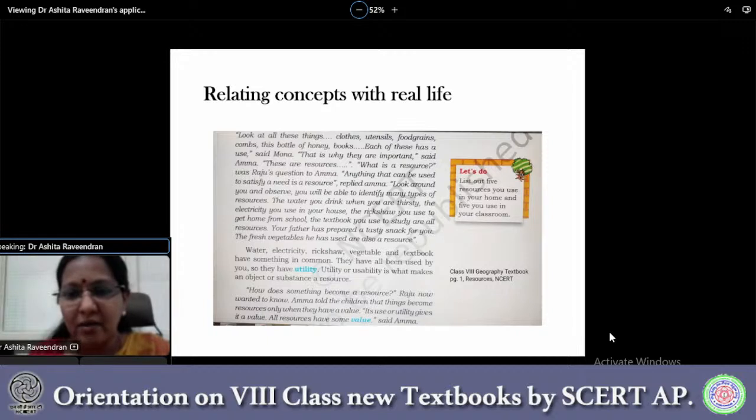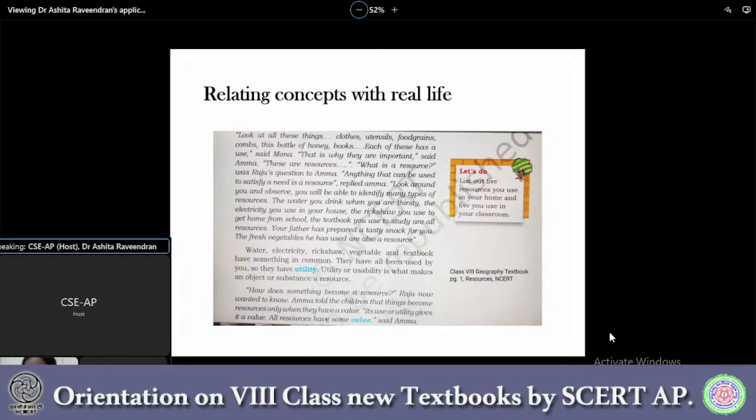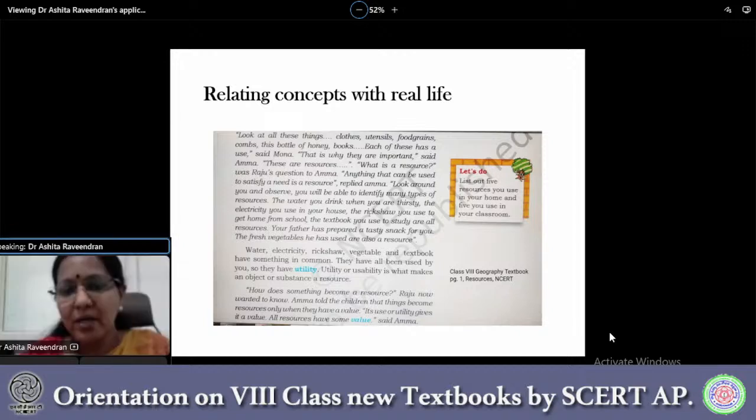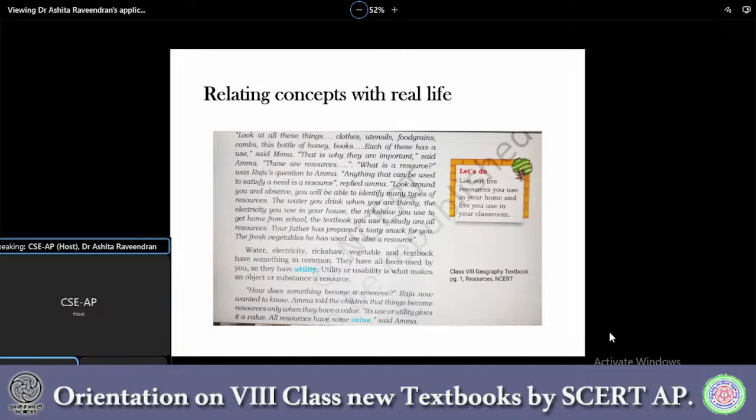Please carry on, madam. You can just refer to the textbook. I've given the captions there also. I don't think you will be able to read these things because they are clippings from the textbook itself. Okay, madam. Thank you. I won't be able to zoom it. Please carry on, madam.